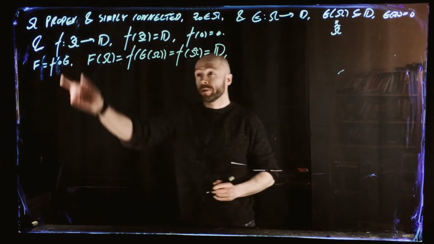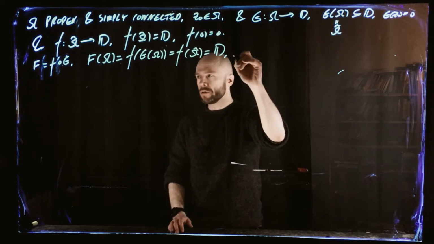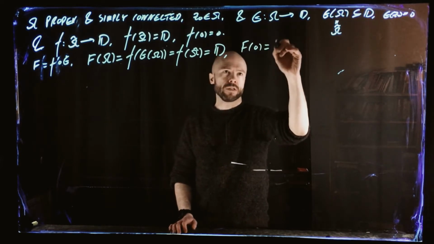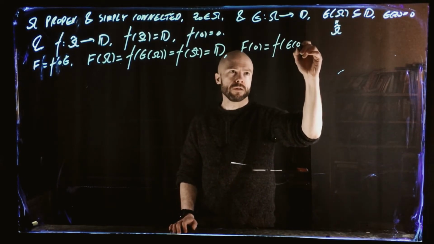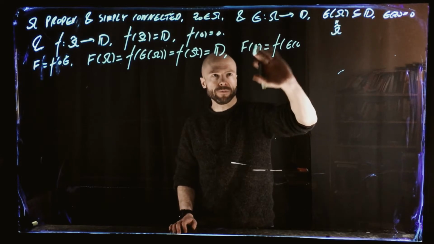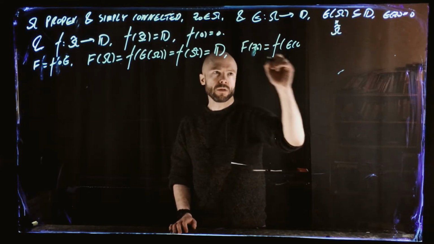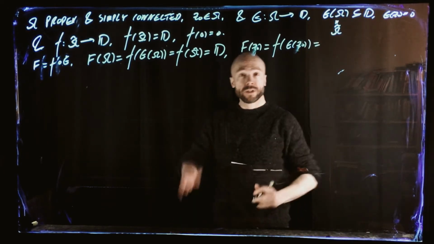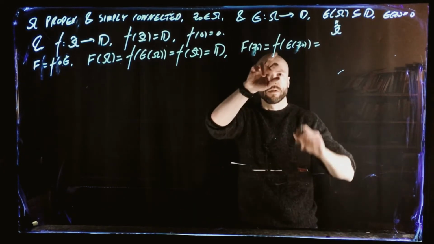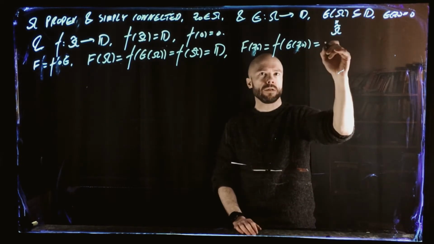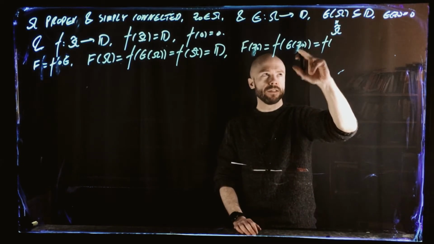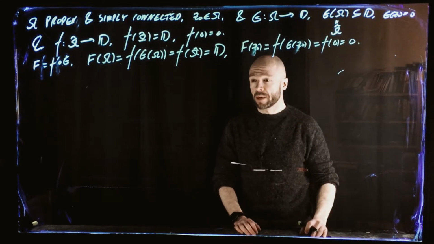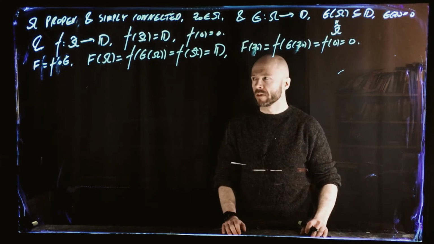These are compositions of two conformal mappings. They're still conformal, and we have that capital F of 0 is equal to f of g of z0, which is f of 0, which is 0. So it maps 0 to 0 like this.